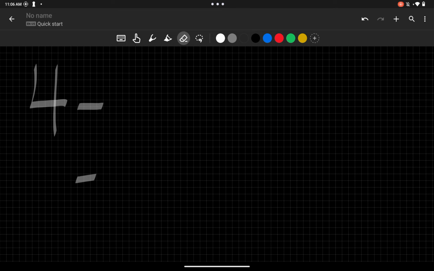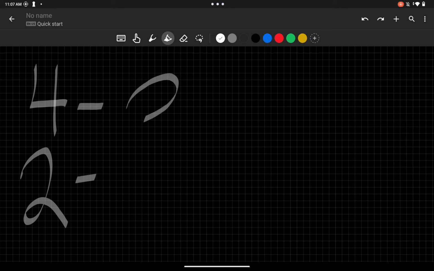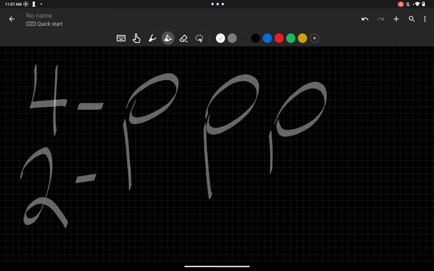If we had a 4/2, then there would still be 4 beats per measure, but the half note would get the beat. So that would look like this: you would have a half note, and then another half note, another half note, and finally another half note.